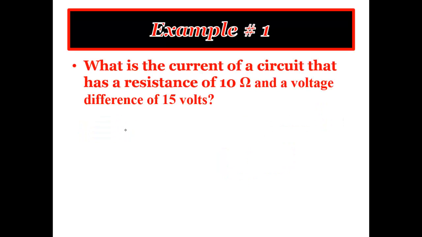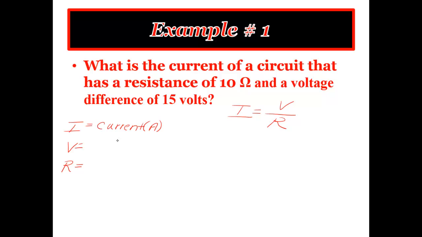Okay, so here we go. The equation we're going to use is I equals V over R. We have an R, so we sound like a pirate. So remember that I, V, R. I stands for current, and it's going to be in amps.